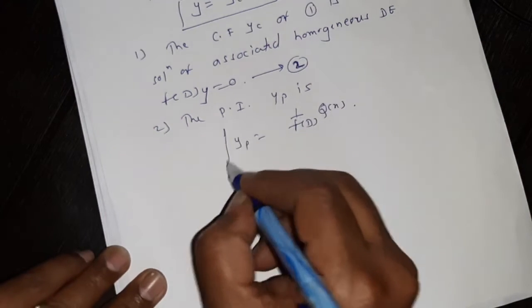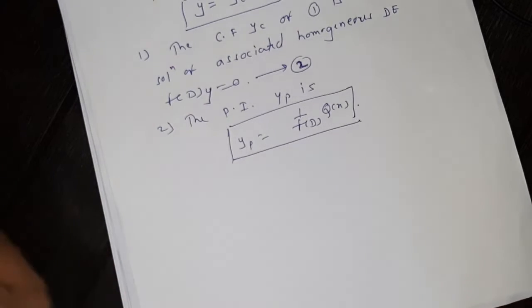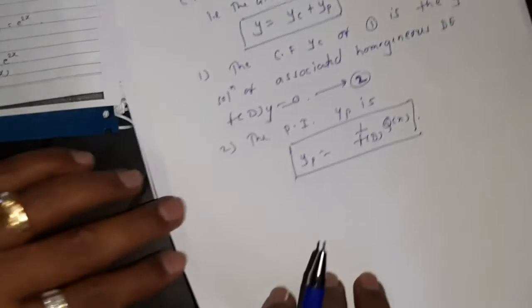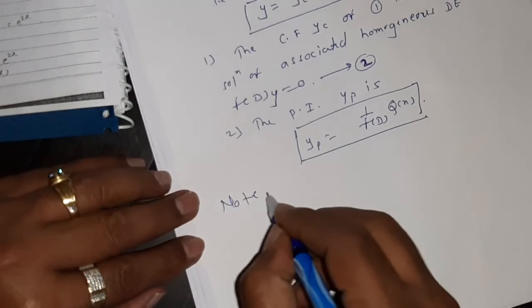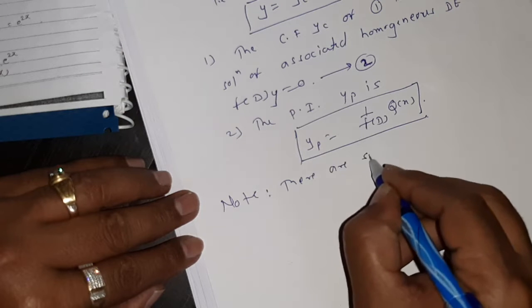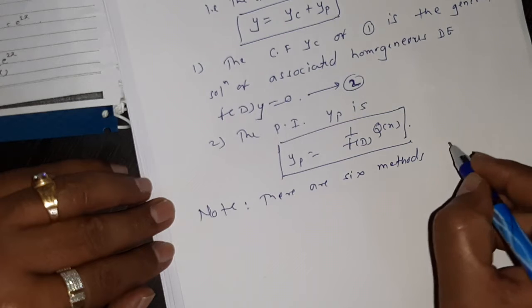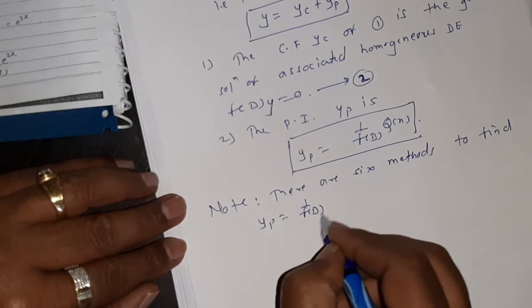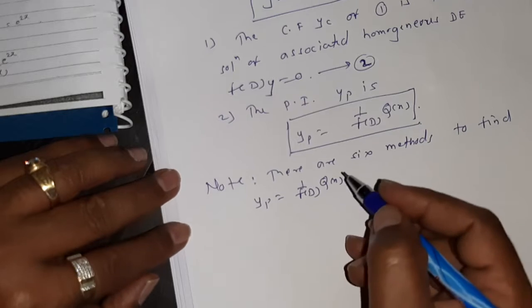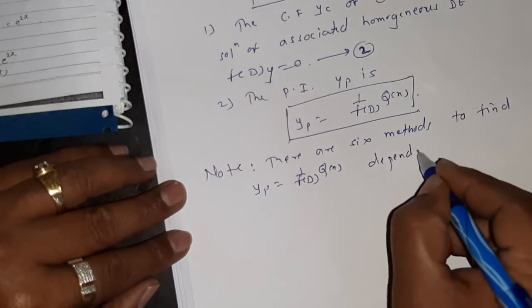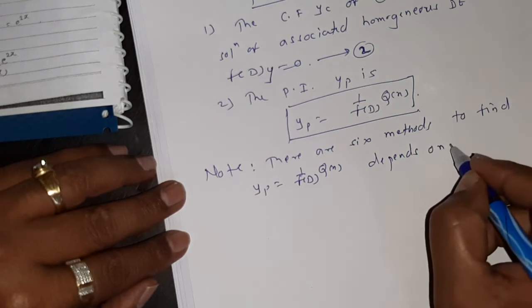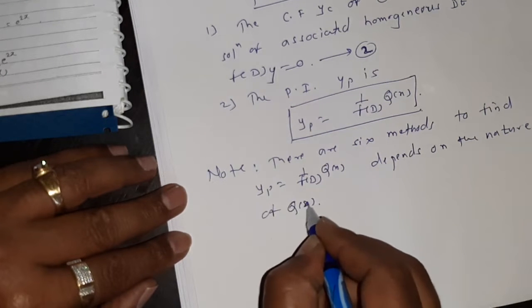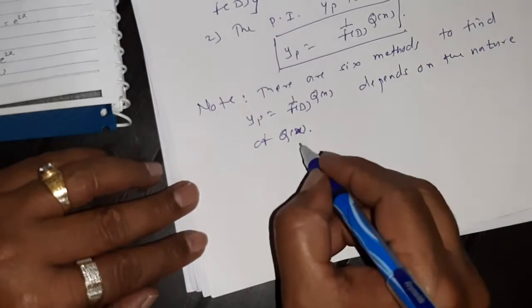Note: there are 6 methods to find the particular integral yp, that is 1 by f(D) Q(x). These methods depend on the nature of Q(x).